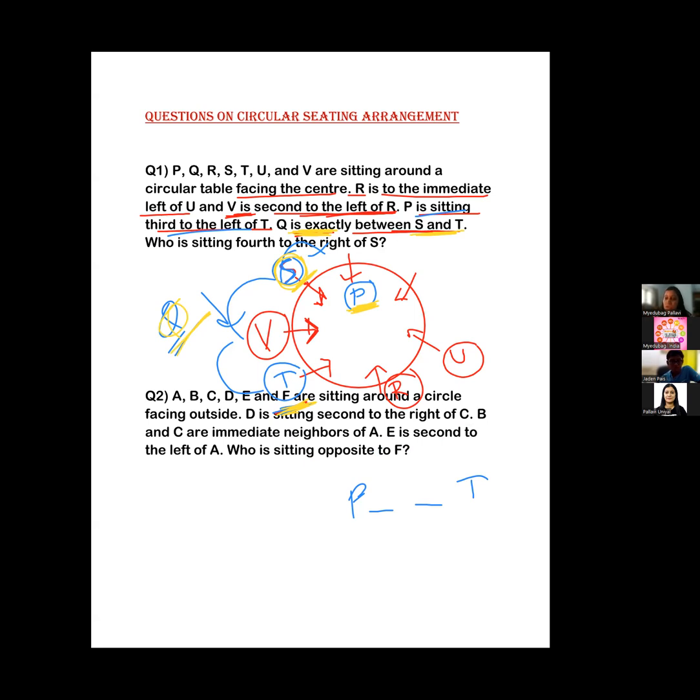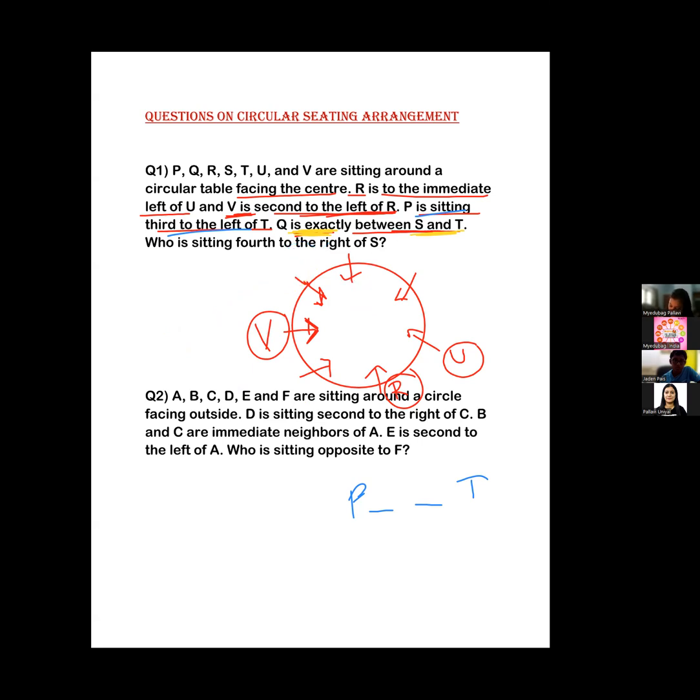So what have we placed wrong? T and P were placed wrong. That is why these positions are not coming properly.